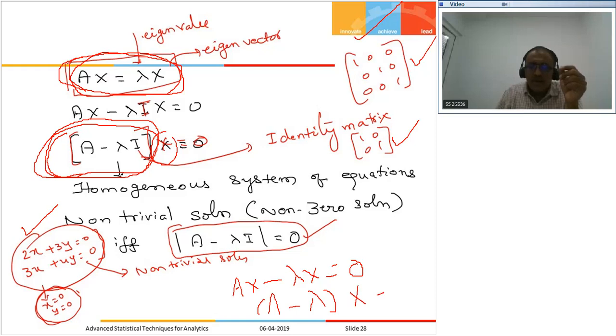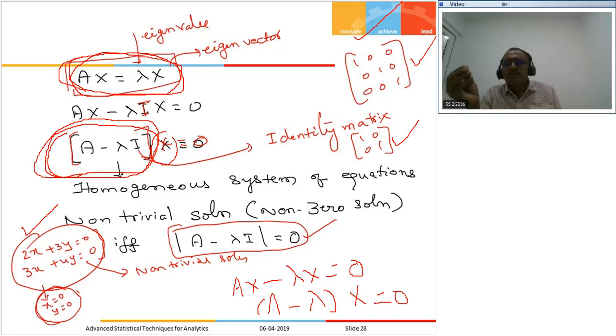Because from a matrix I am taking a value outside, from a matrix like 2, 2, 3, 3, 4. I am taking one element out. It doesn't make any sense. So that's why we multiply here with I. Because multiplication of any matrix with I doesn't affect it. Because I into x is always x. That is the reason.